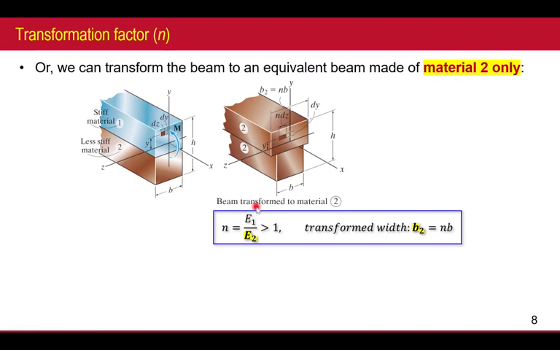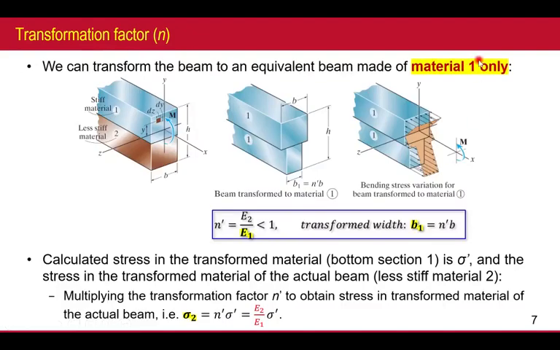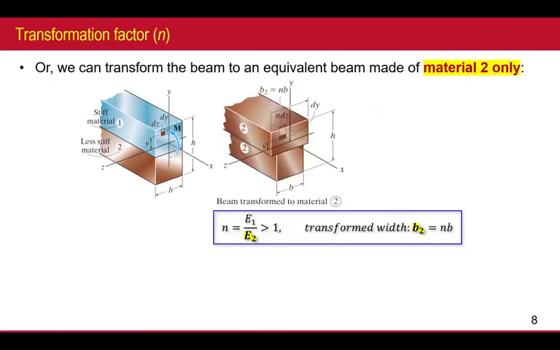On the top is the material to be transformed, and the bottom one is the material after transformation. The one I used color to show you: for material 2, this is E2, the bottom. For material after transformation to 1, the bottom one is E1. That's why this is very important for you to know. Okay, so based on this, easy.